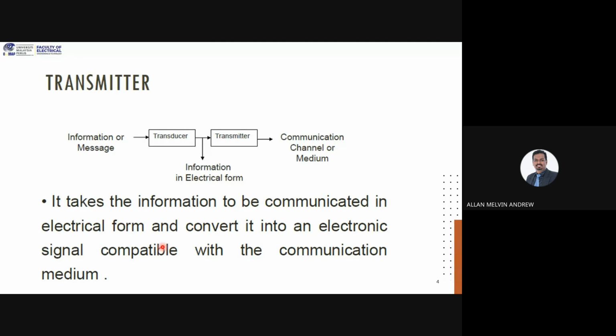For example, your laptop, you need to have electrical power. If not, you cannot sustain for a long period. So you need to work along. In this transmission process, the conversion between electrical and electronic, and at the receiver end, electronic to electrical, will be happening in order to have effective communication.